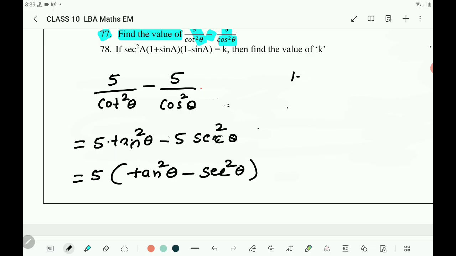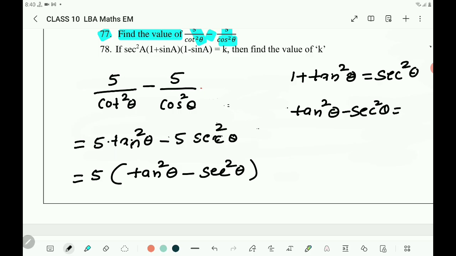You know that 1 plus tan square theta is equal to secant square theta. Then tan square theta minus secant square theta is equal to, if secant square theta is transferred to LHS, then transfer 1 to the RHS, it becomes minus 1.